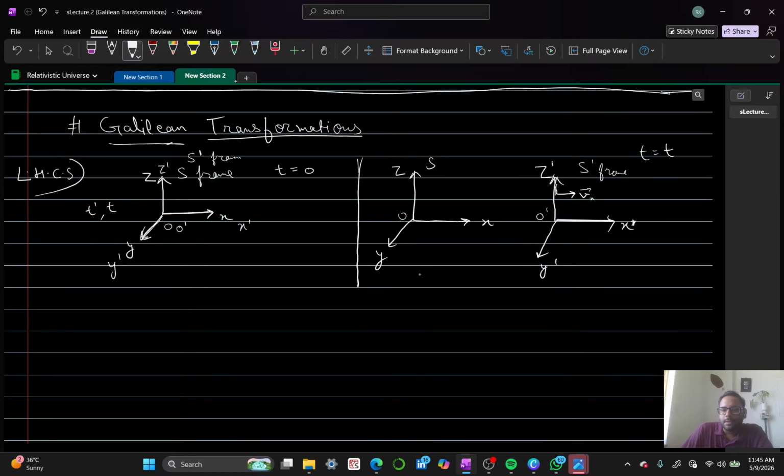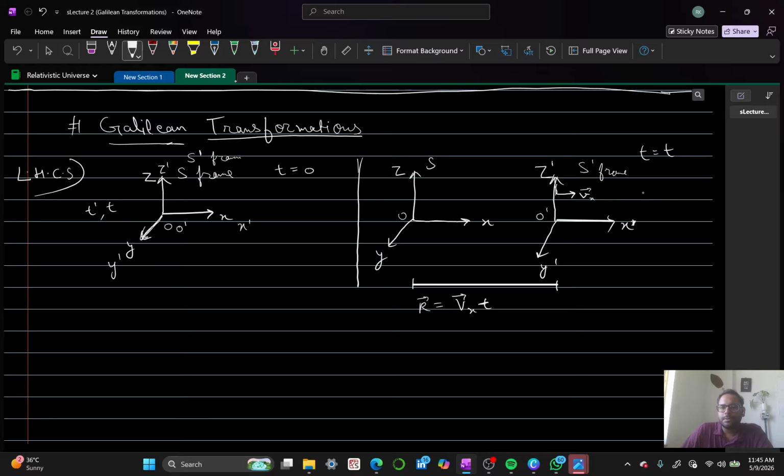Can you tell me after t time how much distance will be covered? What will be this distance after t time? Vx multiplied by t. Yes, of course, the distance is Vx multiplied by t. Let's denote it by capital R vector, which is dependent on time.